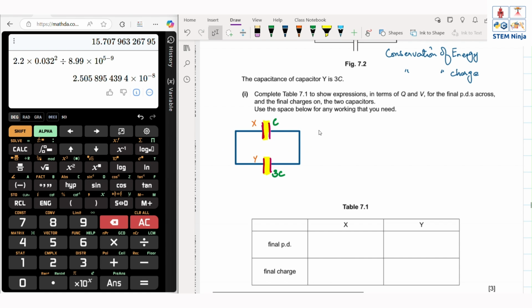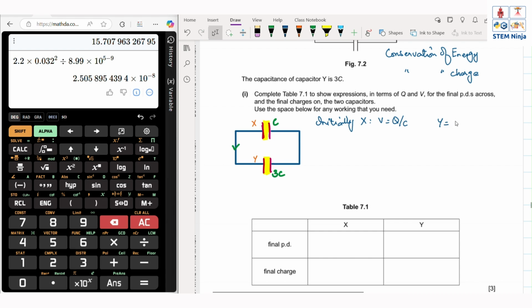But since X is discharging through Y, the final net charge on both of them will be the same as the initial charge on X. So this is what we have to remember over here. So initially, X, the potential difference across it is Q over C.